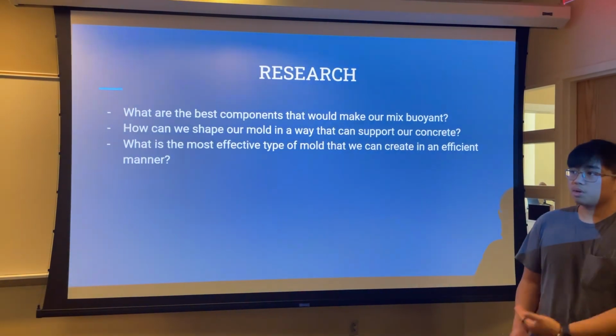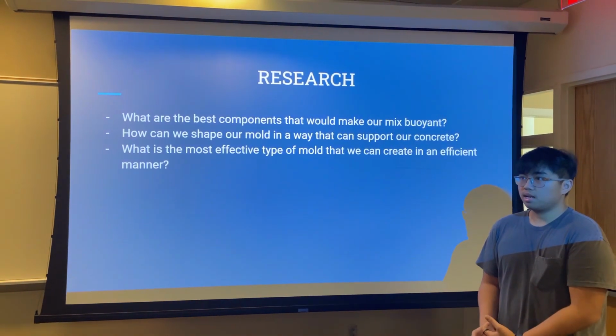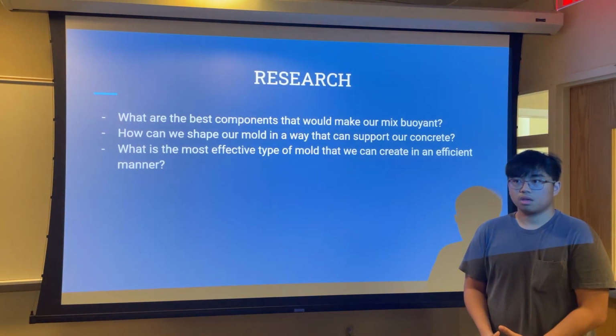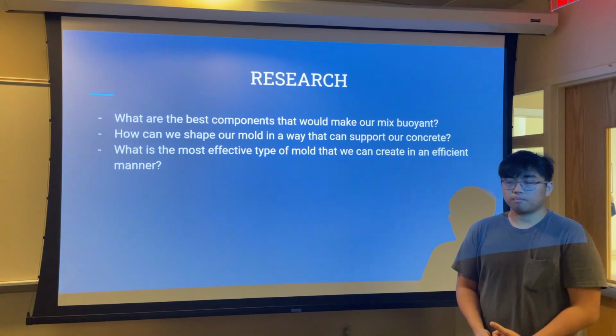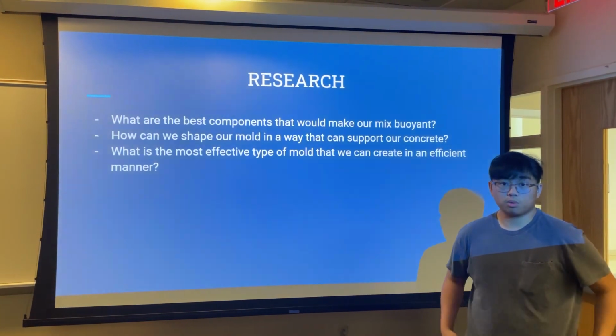As for the best components that would make our mix buoyant, we decided on making a mix of concrete, water, and tiny bits of kickboard in a ratio of 1 to 1 to 1.